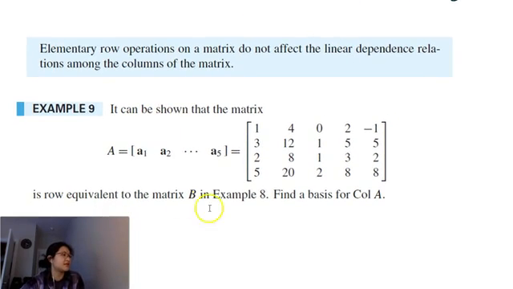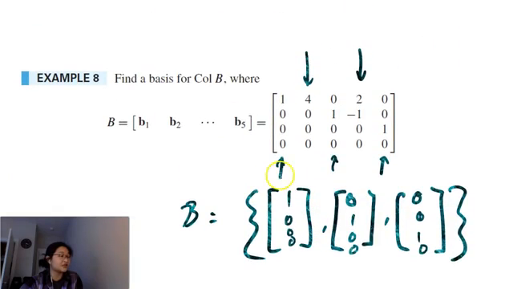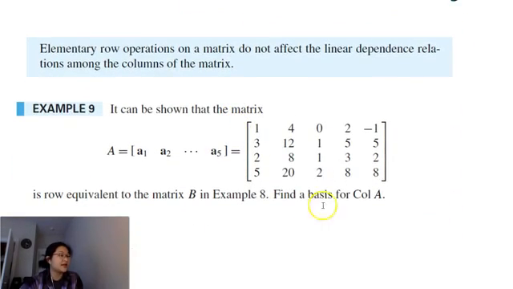That's really nice, because if you're told that this matrix A, which has far less zeros than I would like, is row equivalent to our matrix B that we had above, then how are we going to find a basis for the column space of A?